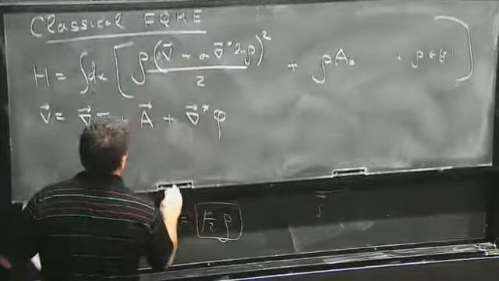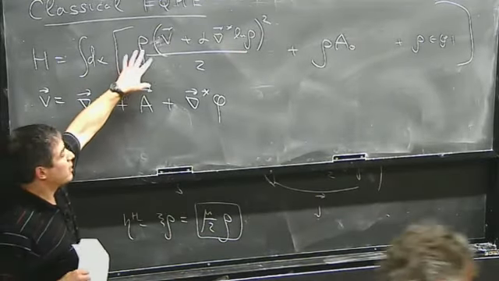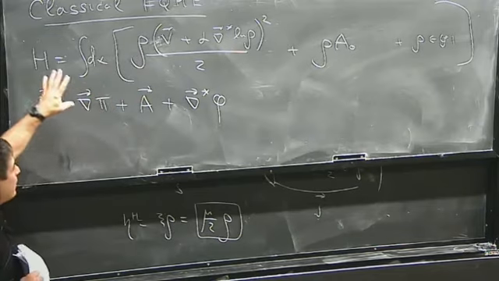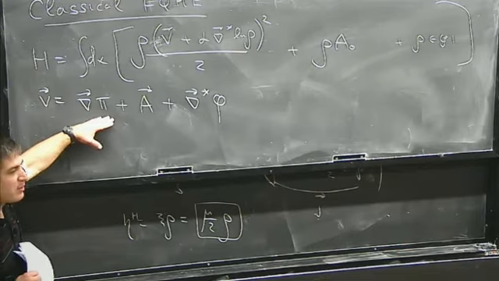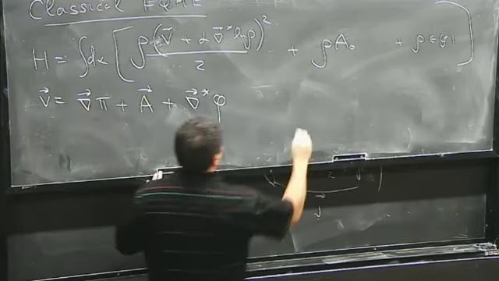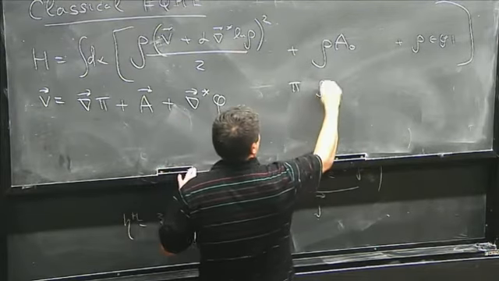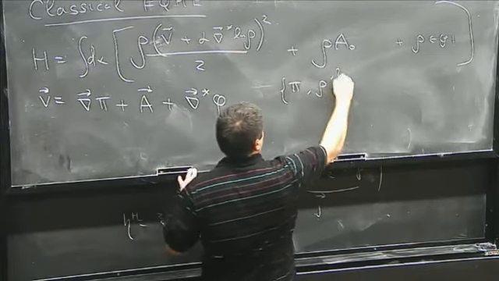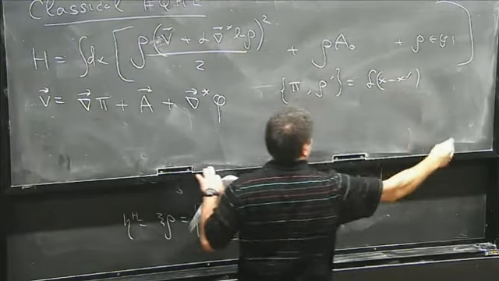So what I'm saying is the following, that velocity is just a notation here. Don't forget that it's a vector field, an independent vector field. So velocity is just a notation for this combination of symbols, where pi and rho are actually two independent fields with a Poisson bracket of this type.